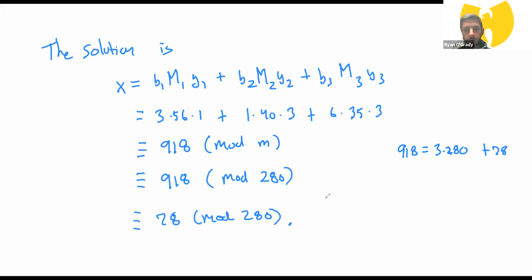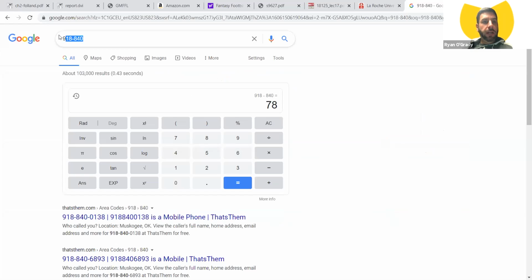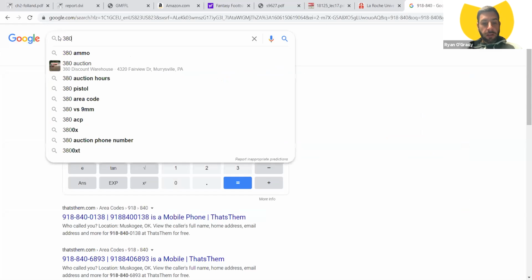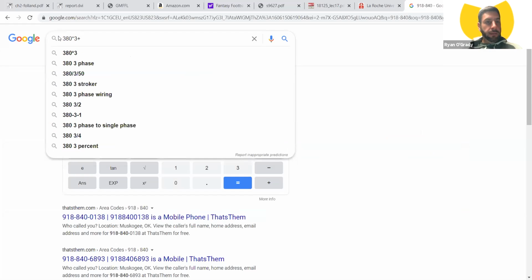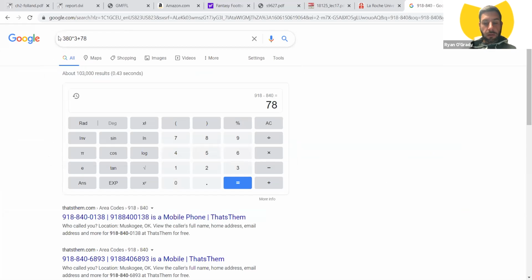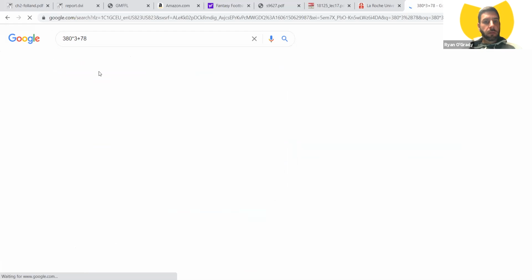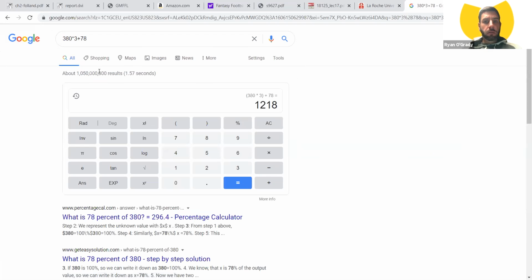That's provided we didn't make a mistake. One way to think about whether we made a mistake is to check that the solution works, and we'll do that in a second. But the first thing I want to do is check my arithmetic over here. I'm going to go to a calculator, and please ask a question if you're curious. If I take 280 times 3 and I add 78, I better get 918. Sorry, hit the wrong button.